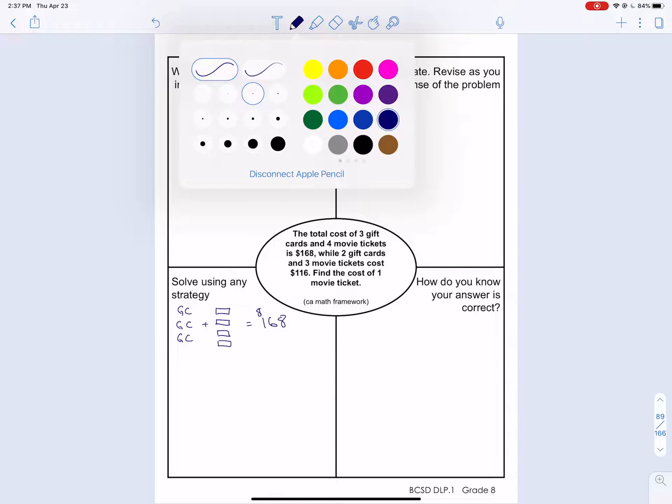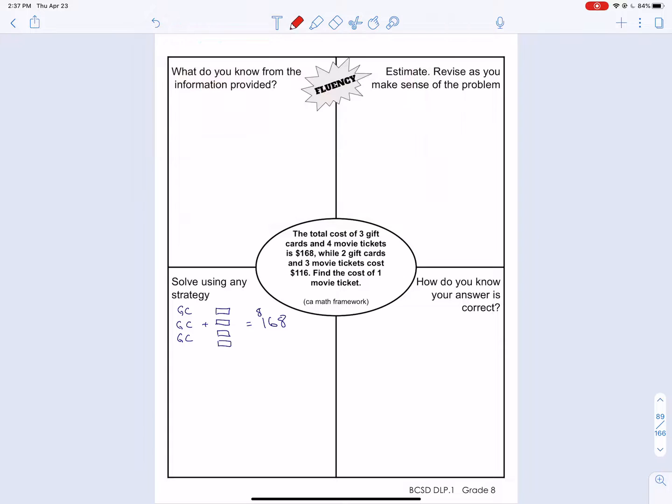The other situation says we have 2 gift cards, plus 3 movie tickets, and that equals 116. Let me read it again and make sure we got everything.